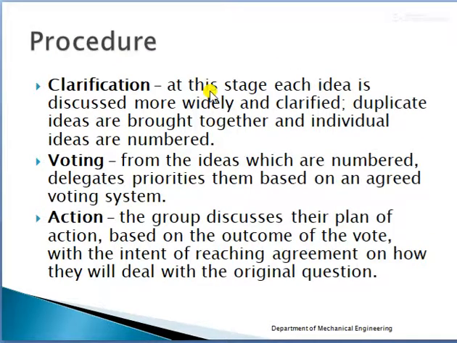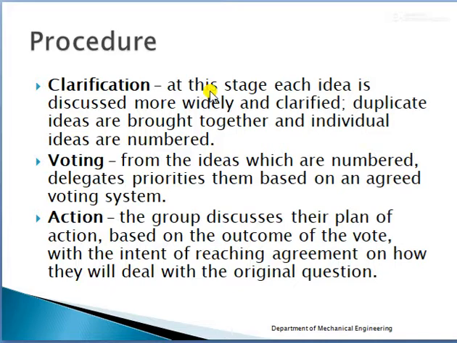Before going to the advantages, we can see another example regarding this. Let us assume that the team wants to decide which problem to work on. Everyone writes on a piece of paper the problem they think is most important. The papers are collected and all problems are listed on a flip chart, as we discussed in the procedure.